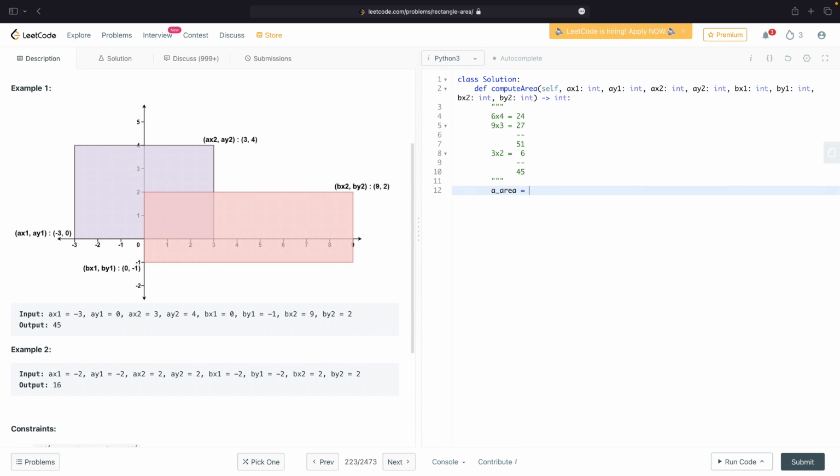Areas. A area is equal to self.compute area AX1, AY1, AX2, AY2. B area is self.compute area BX1, BY1, BX2, BY2. And then the overlap is self.compute overlap.